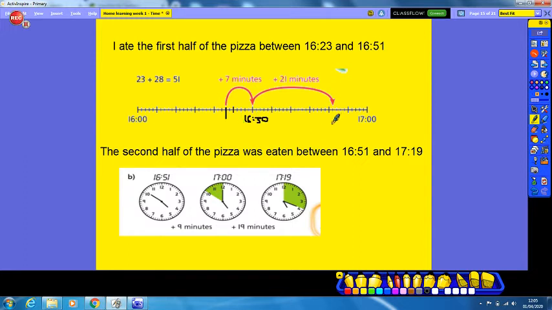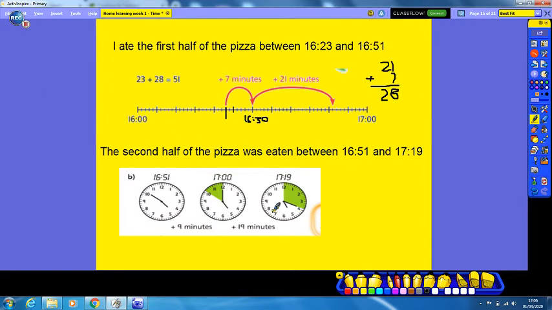From 30 it's really easy to count on to 51, because we know you need to add on 21. So it took me 21 plus 7: 1 plus 7 equals 8, 2 tens plus no tens equals 2 tens. So it took me 28 minutes to eat the first half of the pizza.